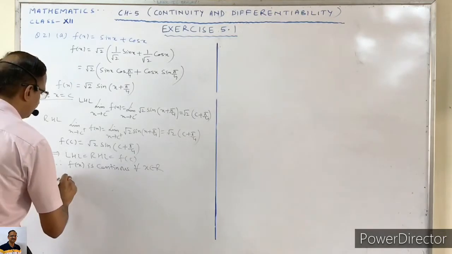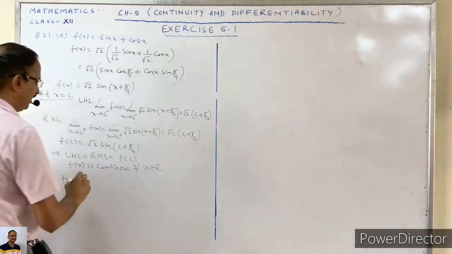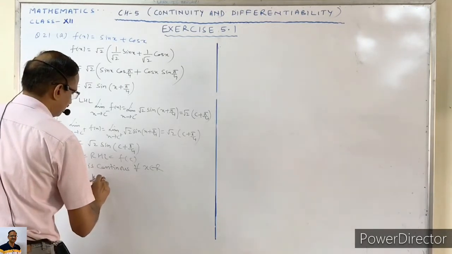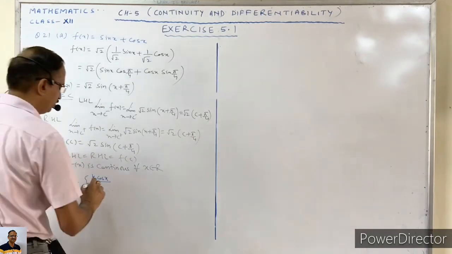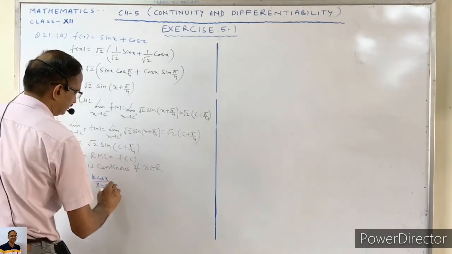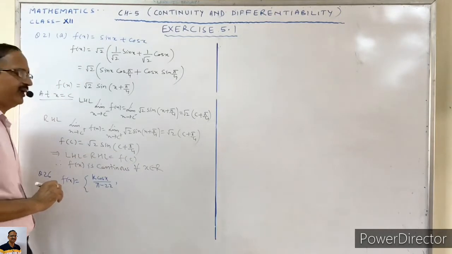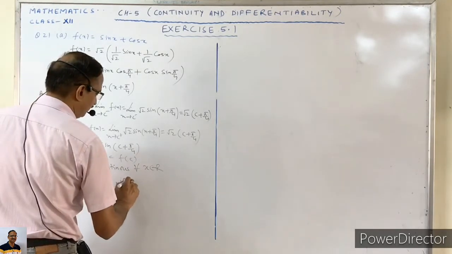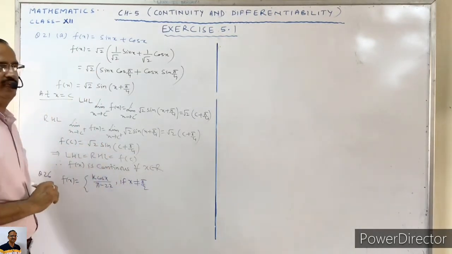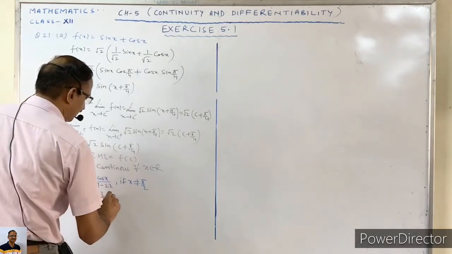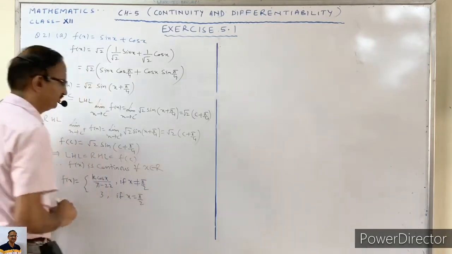So the function is f(x) equals k cos x by pi minus 2x, if x is not equal to pi by 2, and 3 if x equals pi by 2.